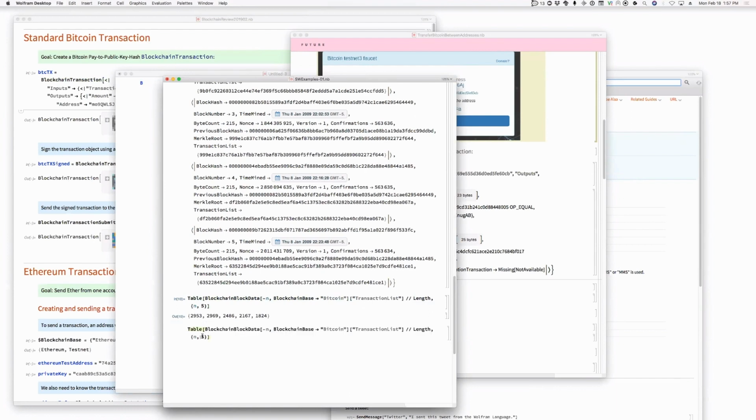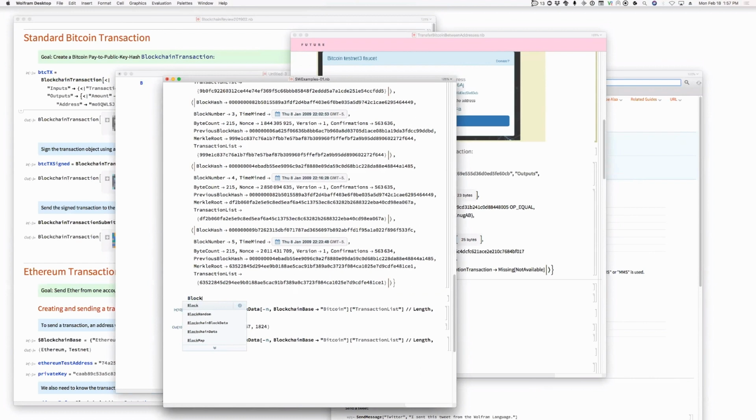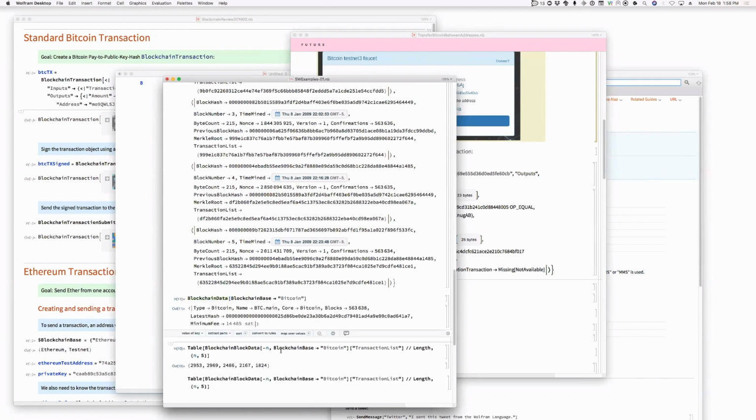I'm now curious. Let's see, what block number are we at right now? If you do blockchain data, you should get the latest block. Blocks, 500,000. Okay.